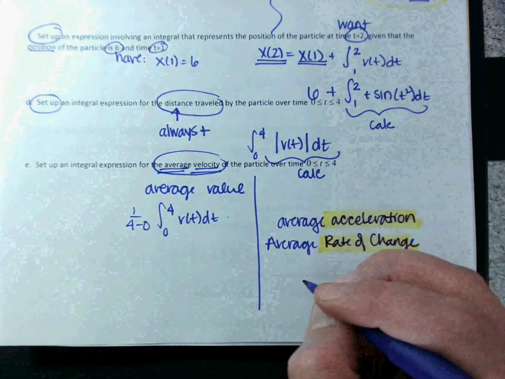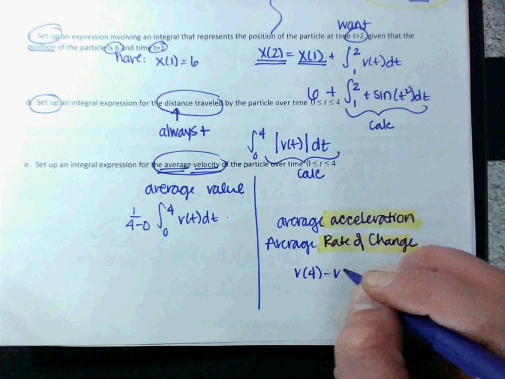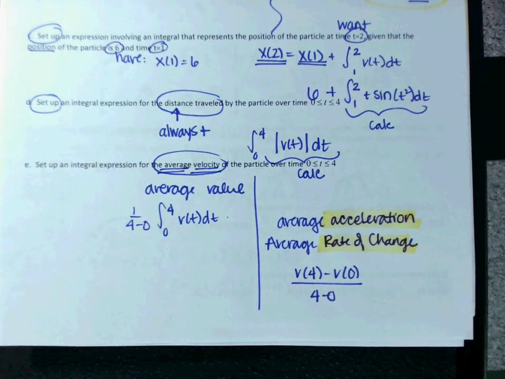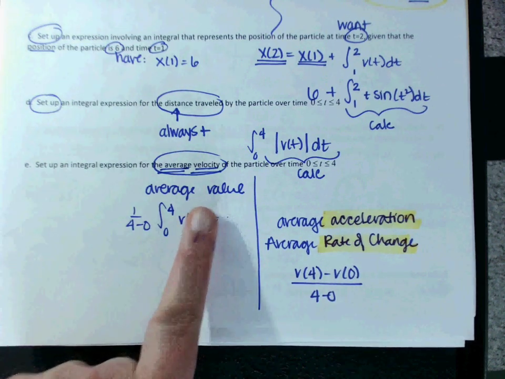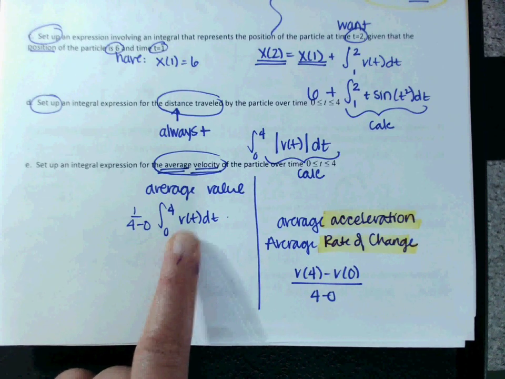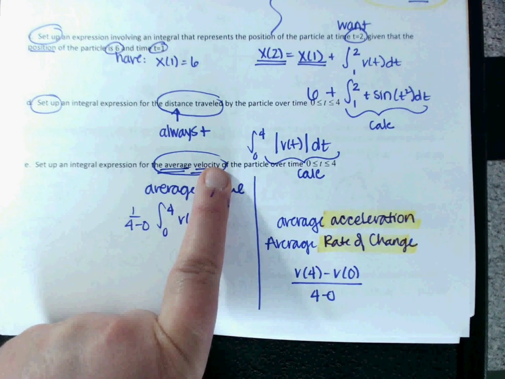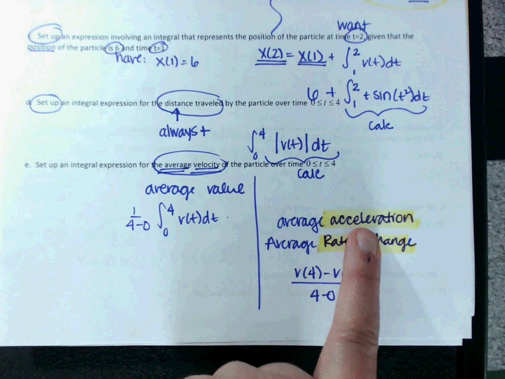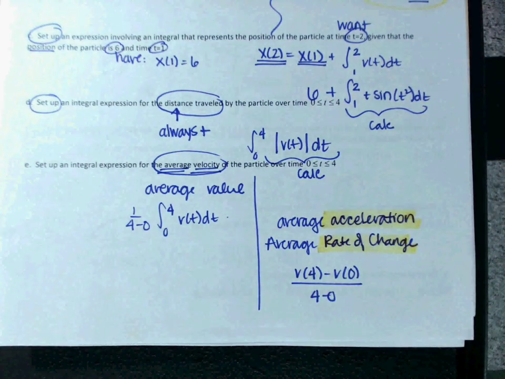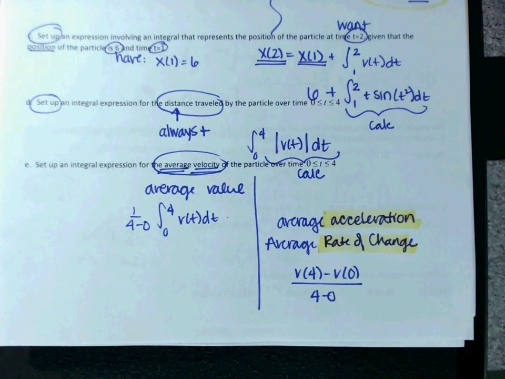So you would have done v of 4 minus v of 0 over 4 minus 0. And so you really have to think about the two differences there. Average value is 1 over b minus a integral a to b, because you want average velocity. This is velocity, that's velocity. But average acceleration would be the average slope, which is your y2 minus y1 over x2 minus x1.